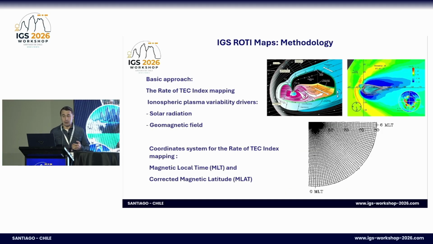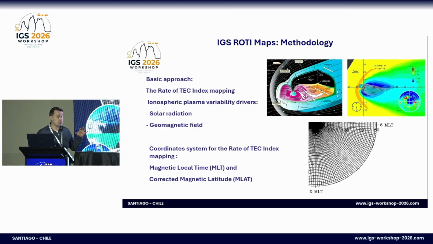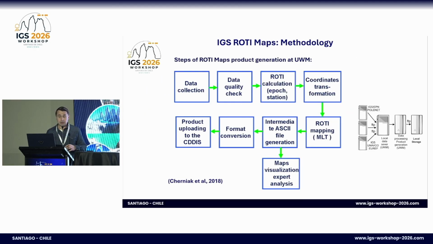We use a physically based grid, because if we talk about plasma, the main drivers are solar radiation and the geomagnetic field. So for these maps we use magnetic local time and magnetic latitude coordinates, which agree pretty well with the magnetospheric geophysical drivers.